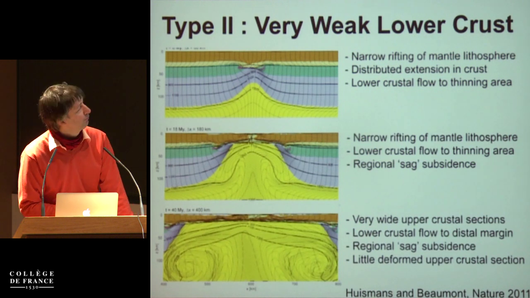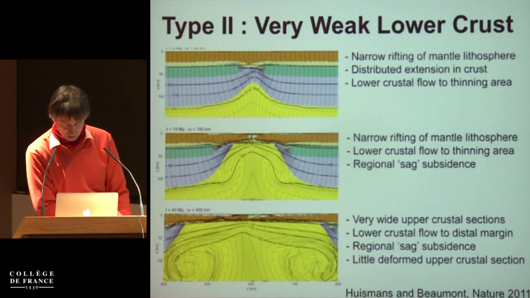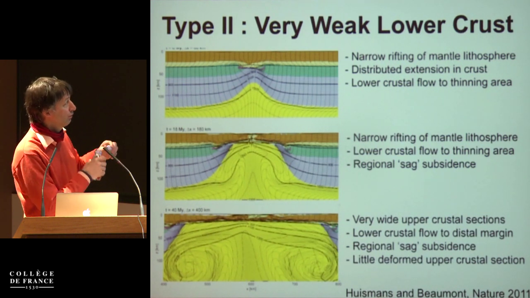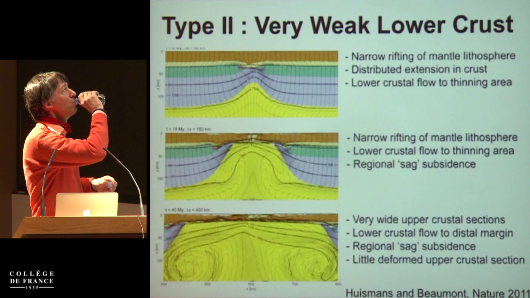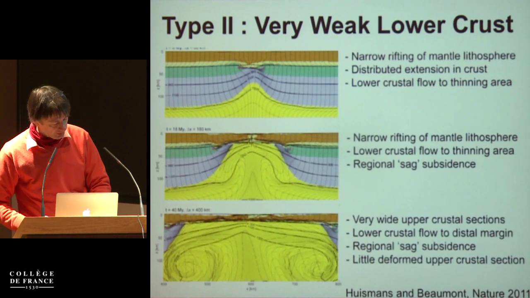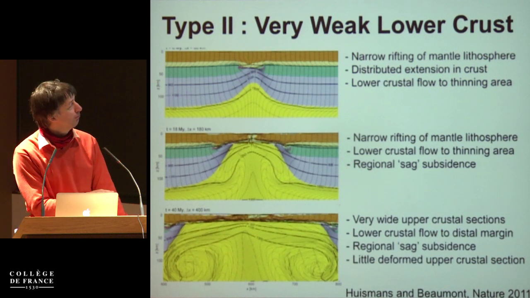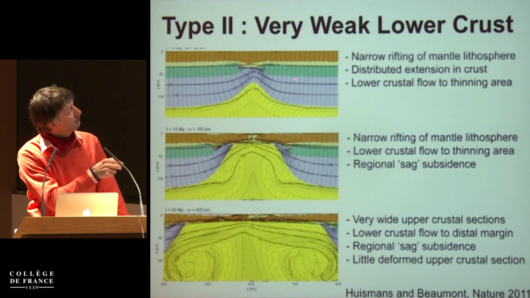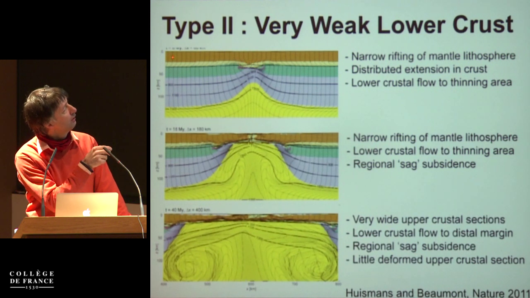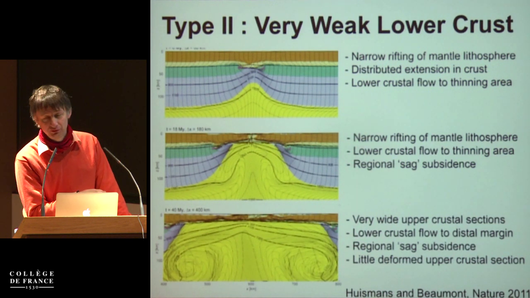And so this is an example again of a model with very weak middle and lower crust. Here, in the early stages of rifting, the lower lithosphere, the mantle lithosphere, localizes deformation quite efficiently, whereas the upper part, the crustal system, doesn't localize deformation and exhibits a very wide distributed rift style.